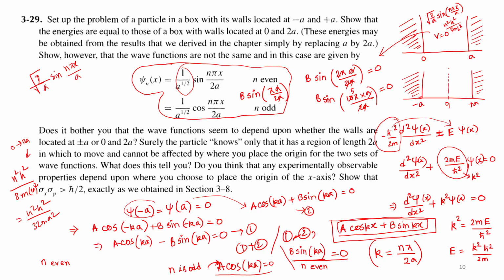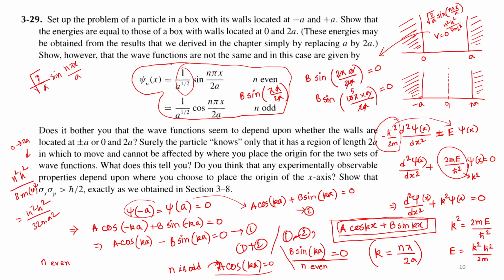You are just predicting here is your origin and here is your boundary. So the wave function seems to change when you take different boundaries, but that is dependent on you. The particle doesn't know whether it is between minus a and plus a or 0 to 2a.